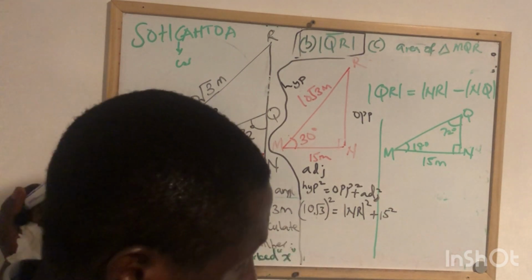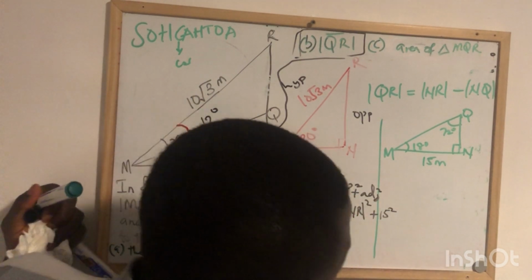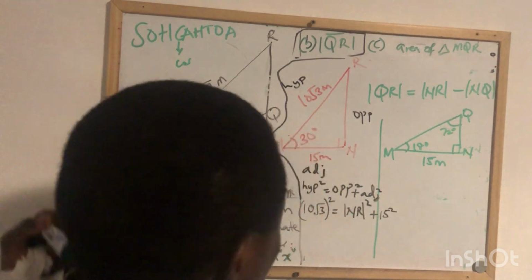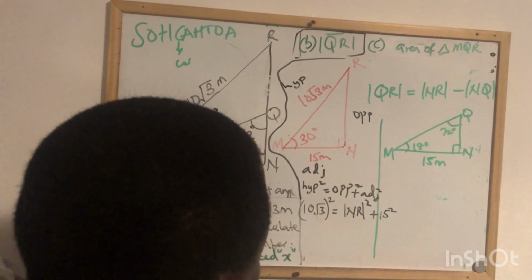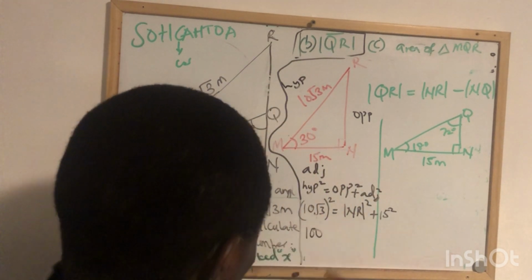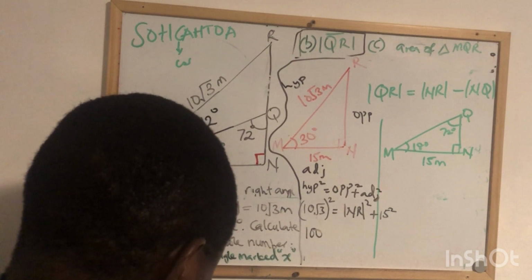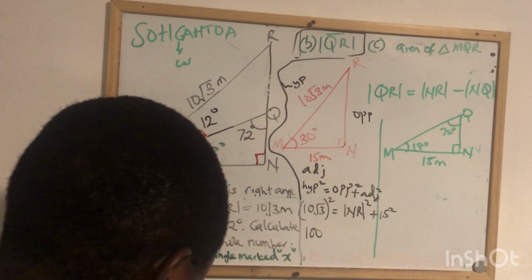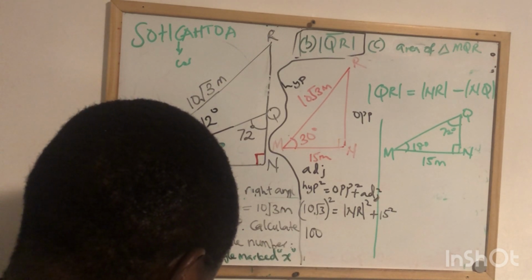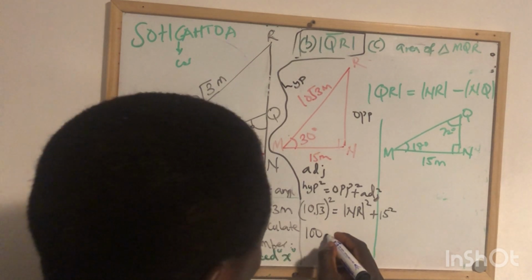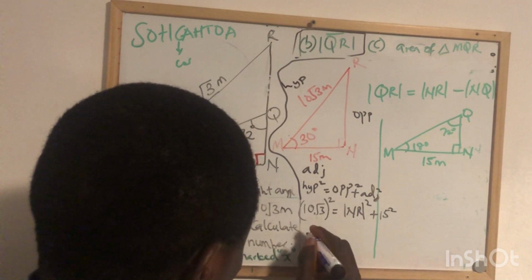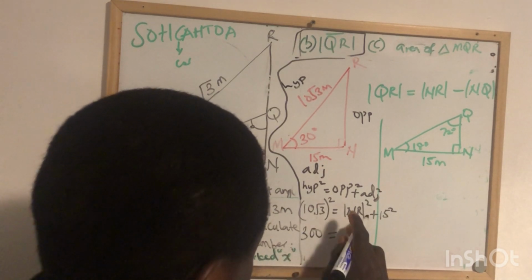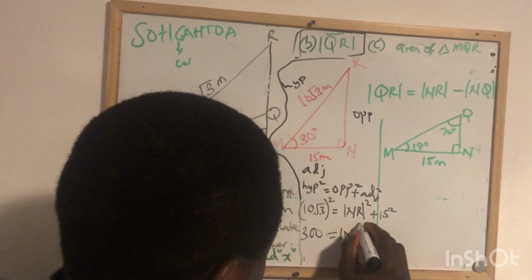So if you do this, 100 multiplied by 3 is 300. So everything here is 300. But use your calculator to confirm so that we'll be on the same page. Bracket 10 root 3 square will be 300, equal to NR square.